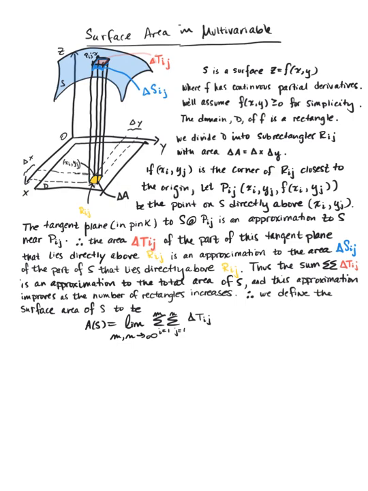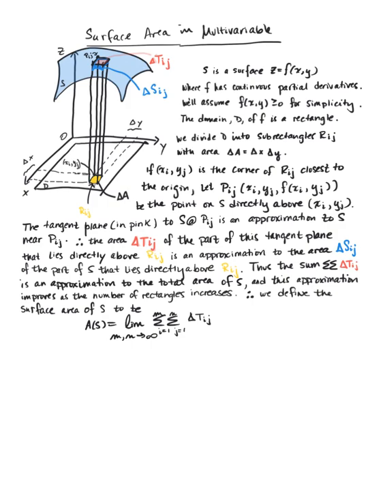If you look at the picture and at R sub ij that I colored in yellow, one side of that rectangle, going to the left, is delta x. Then the other side of the rectangle, going straight up, is delta y.